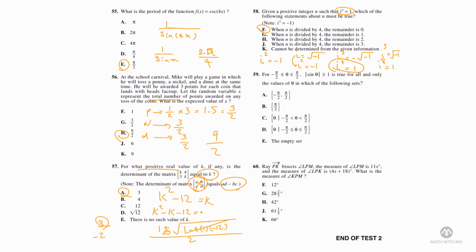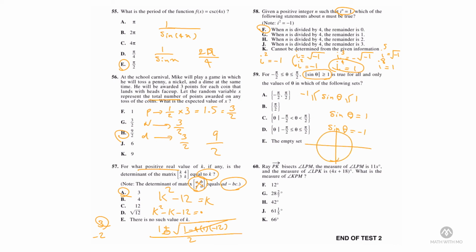Alright, we know the sine of any angle is between minus 1 and 1. So this is sine greater than or equal to 1. So it means only equal to 1 is the answer, because it cannot be greater than 1. So sine of theta should be 1, or sine of theta should be minus 1.